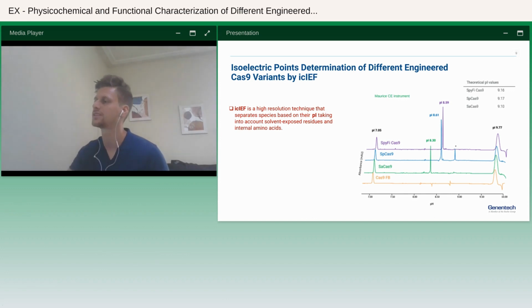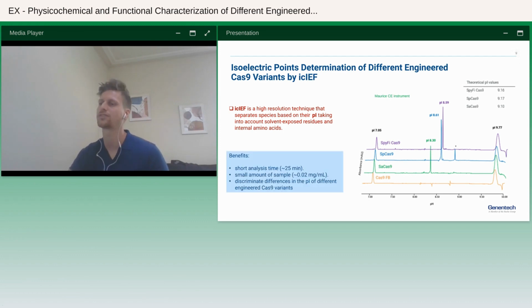So here you can see we generated some profiles for the 3 different Cas9 variants using the Maurice cIEF instrument. And you can see here in the corner the theoretical pI value, and that we have a very good correlation with the experimental values.